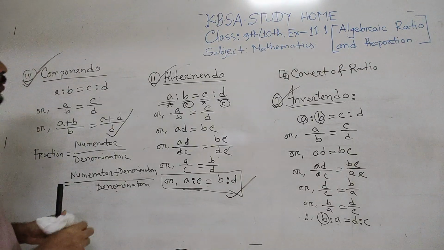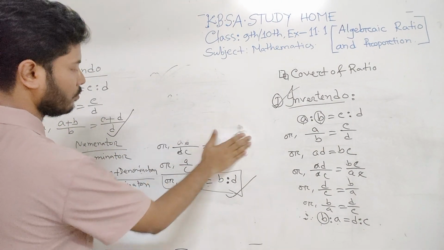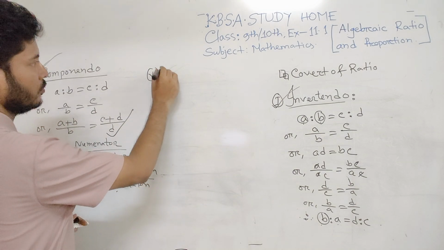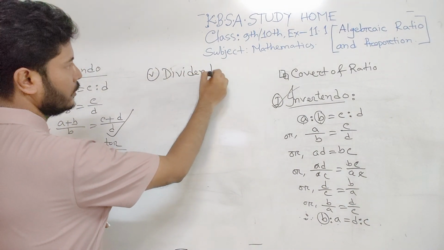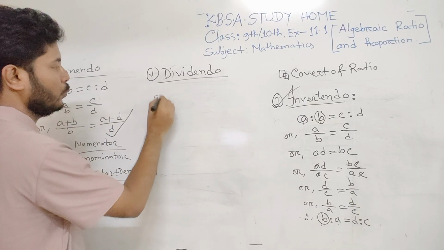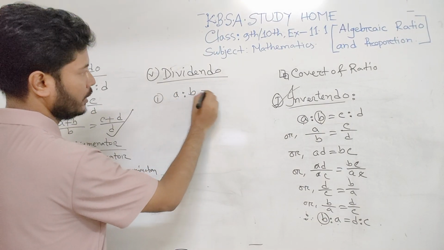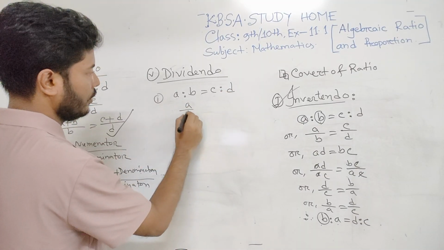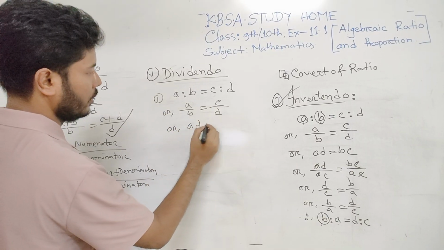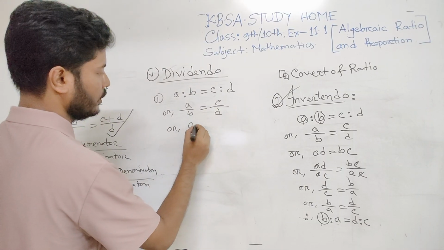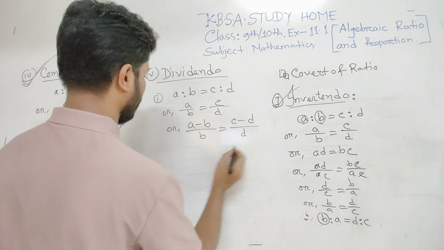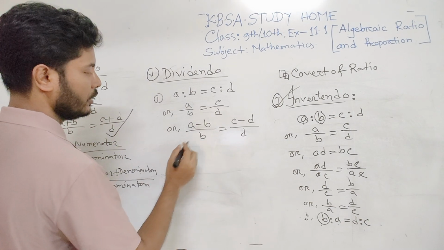Next we will learn dividendo. We can write it A colon B is equal to C colon D, A by B is equal to C by D, or A minus B divided by B is equal to C minus D divided by D. This system we call dividendo.